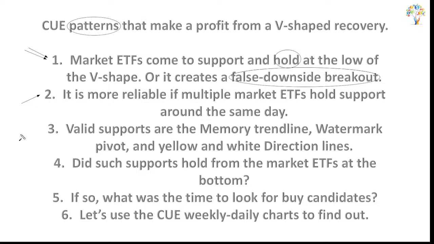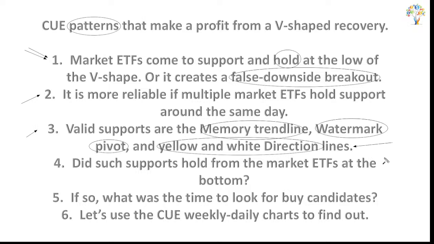Valid supports are memory trend line, which works remarkably well, watermark pivot, which identifies the double bottom or triple bottom, and two of the direction lines, yellow and white direction lines. They don't help in identifying the immediate trend of the market.